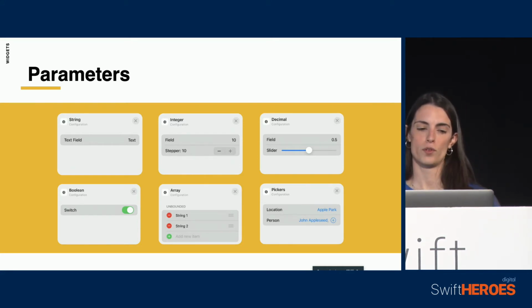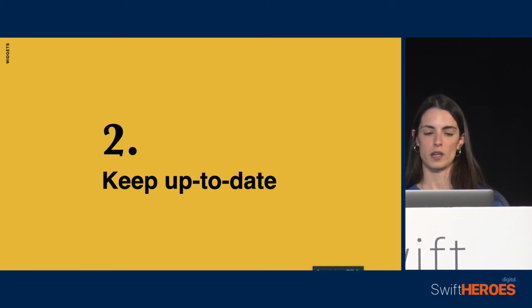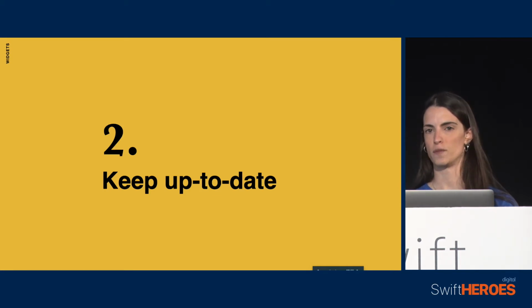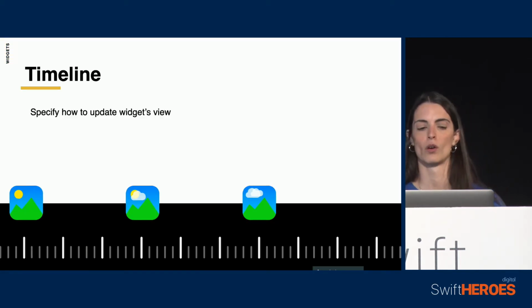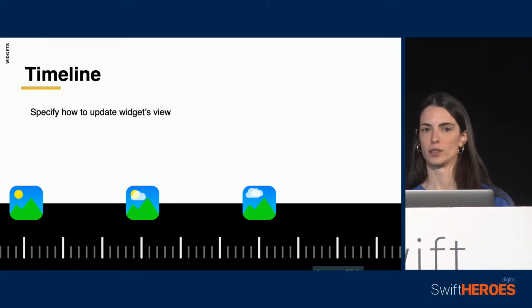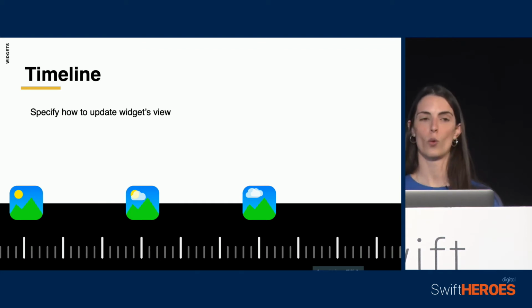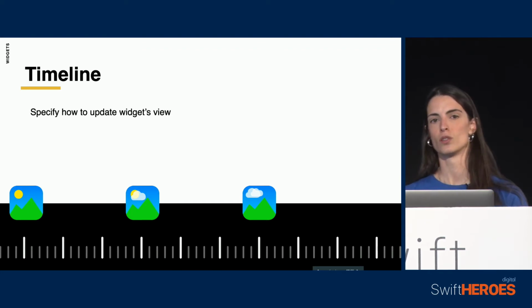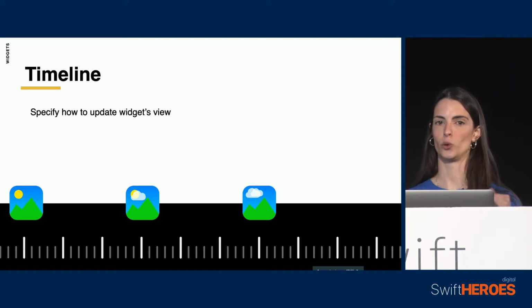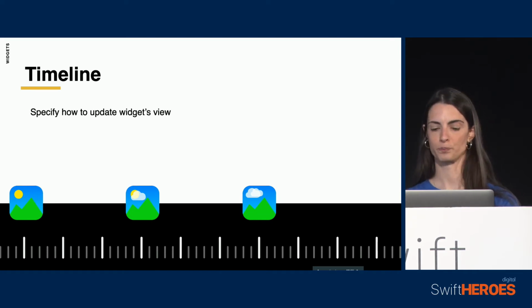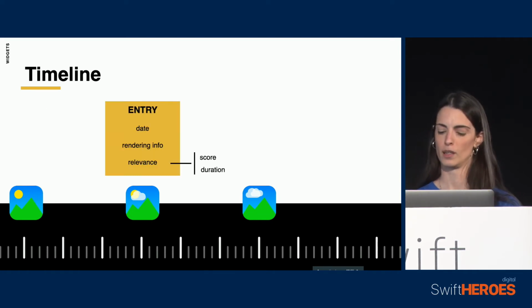So once you have configured the widget, you need to think about how to update the widget's view. Once you have created your widget, you need to implement the timeline of the widget. This timeline will tell the widget when to reload a new view. So it tells WidgetKit how to update the widget's view. In fact, the widget is composed of an array of entries.